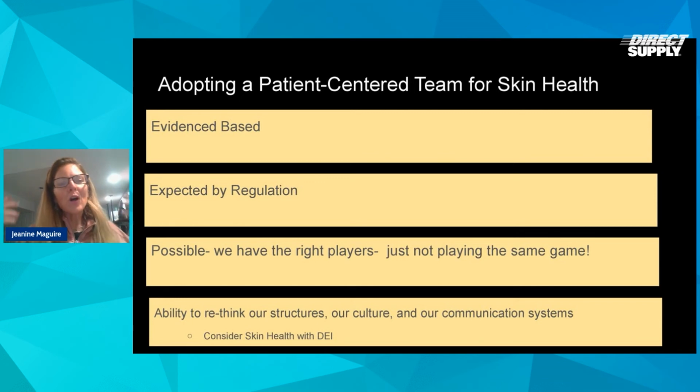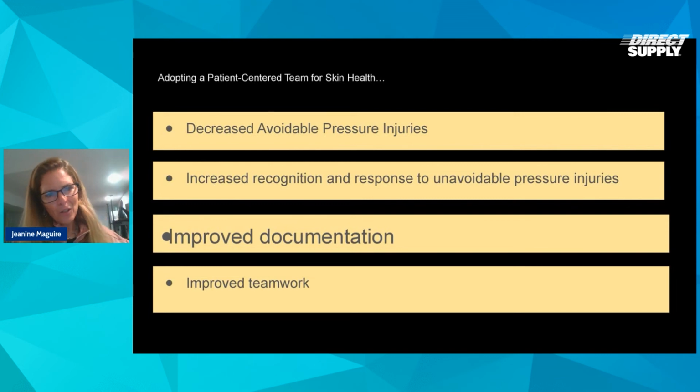What we have to do, though, is rethink our current structures, our culture, and really think about our communication systems within our center. How does that CNA say to the provider, I have something to report to you about skin? How does that provider acknowledge that CNA? How do we change those hierarchical structures to improve leveled communication across disciplines?